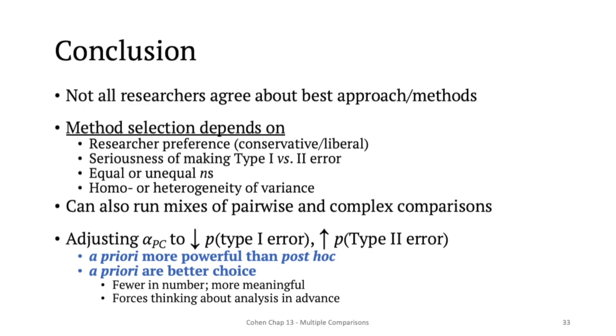Another thing to note is a priori is more powerful than post hoc. So if you have your planned comparisons to begin with, they're guided by theory or previous hypotheses, you're better off. So generally, a priori is a better choice. So again, exploratory research is important, but it needs to be very clear that it's exploratory.